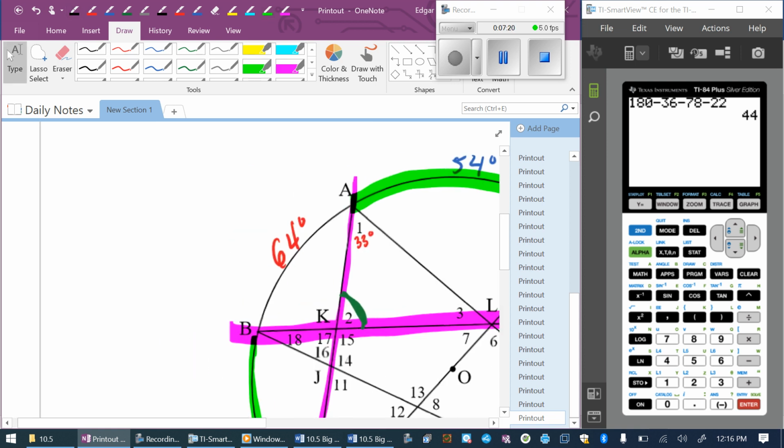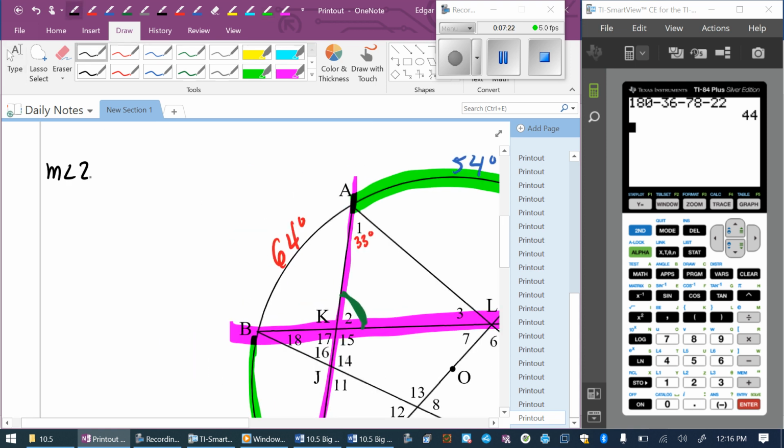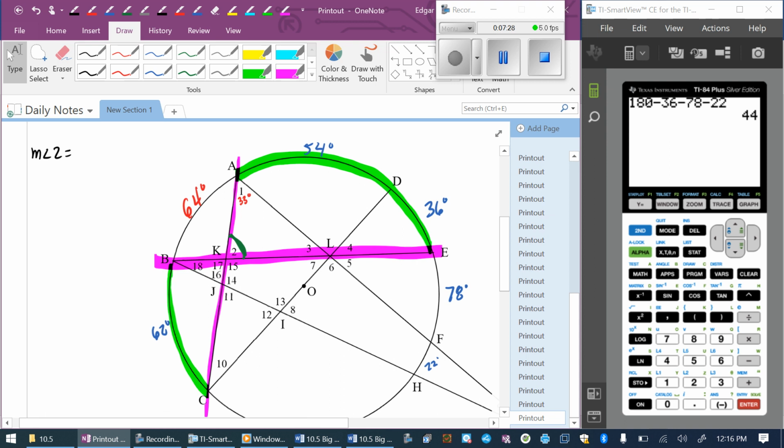And we actually said that to find that out, we would do the measure. Let me do it over here. The measure of angle 2 would be big arc plus little arc divided by 2, or in this case, 54 plus 36, that's 90.